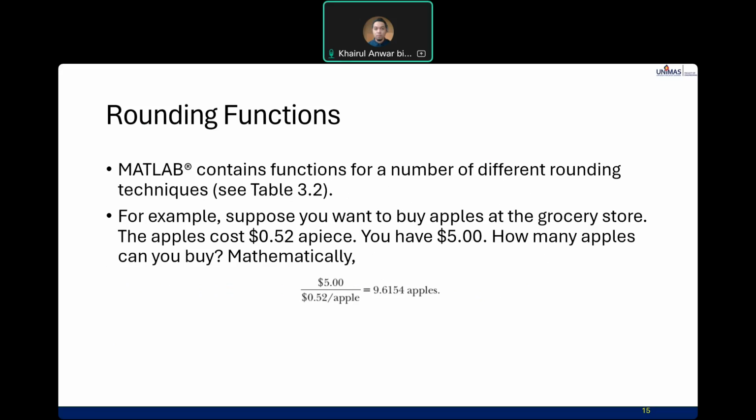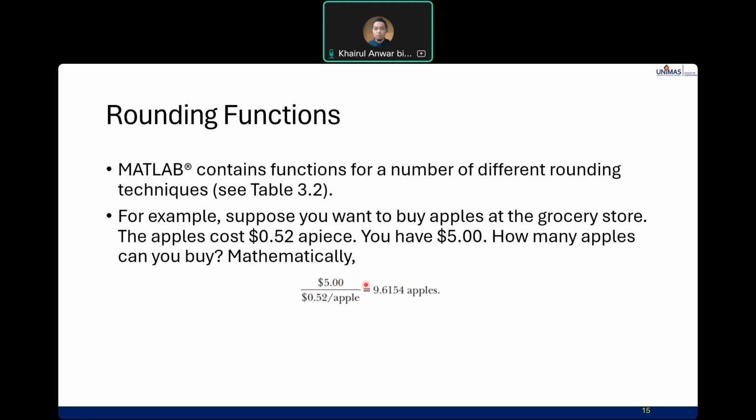For example, suppose you want to buy apples at a grocery store. So, the idea of a rounding function.